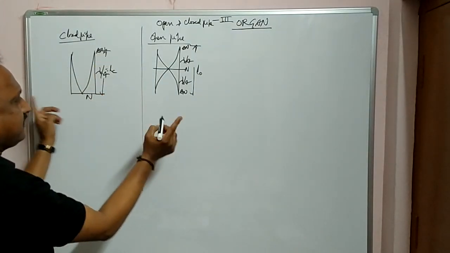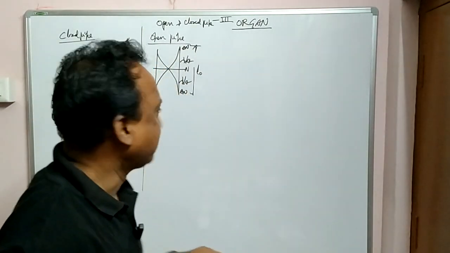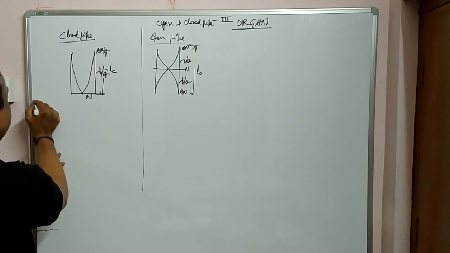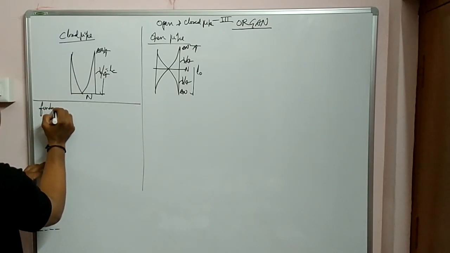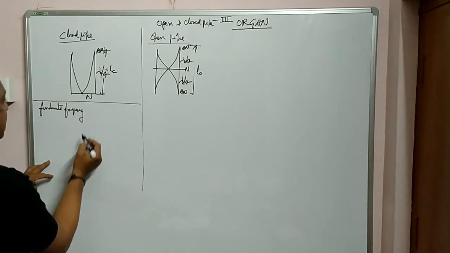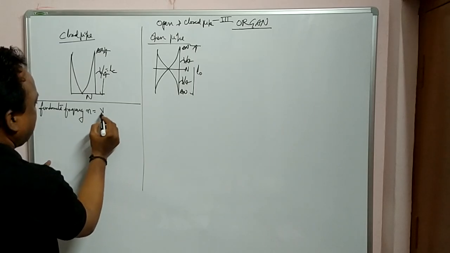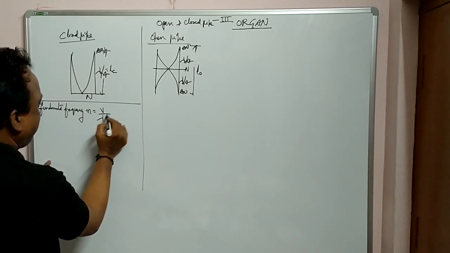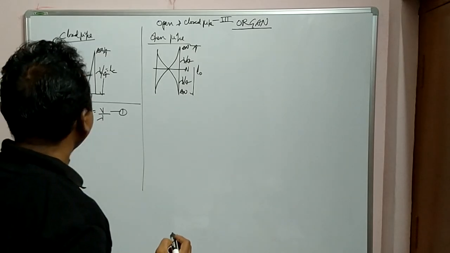Now we will differentiate both of these, the fundamental frequencies, harmonics and other things. Firstly I will do it for the closed pipe. How does the fundamental frequency come for a closed pipe? I will take it as n, and you know n = V by lambda, or V = n lambda, is the formula for frequency.